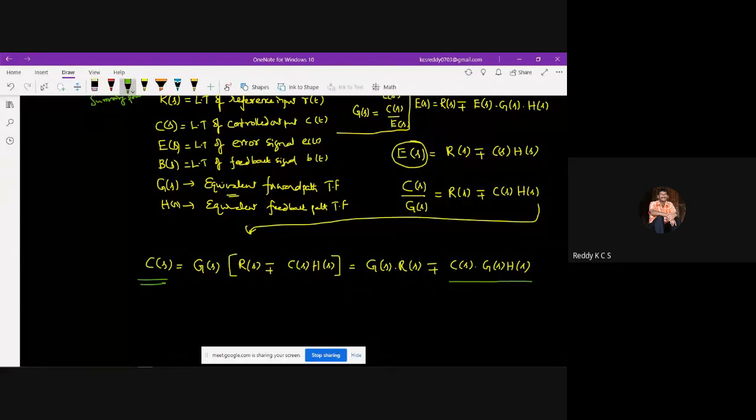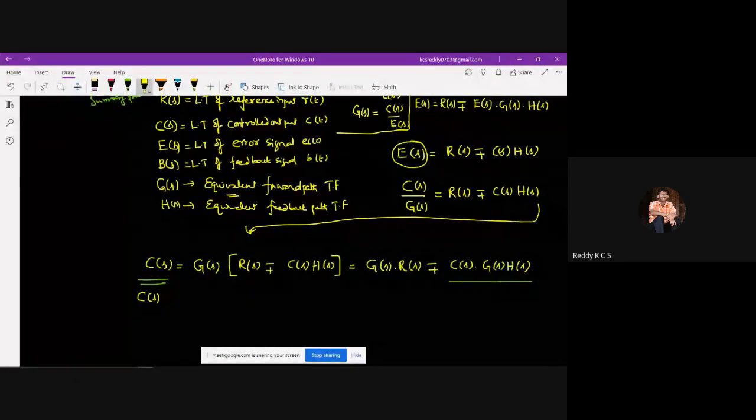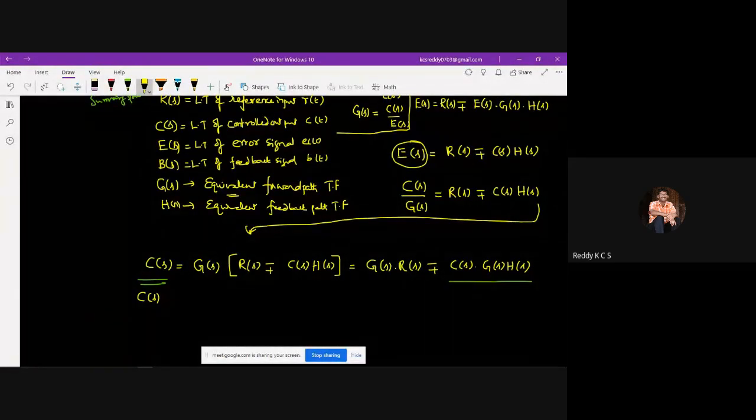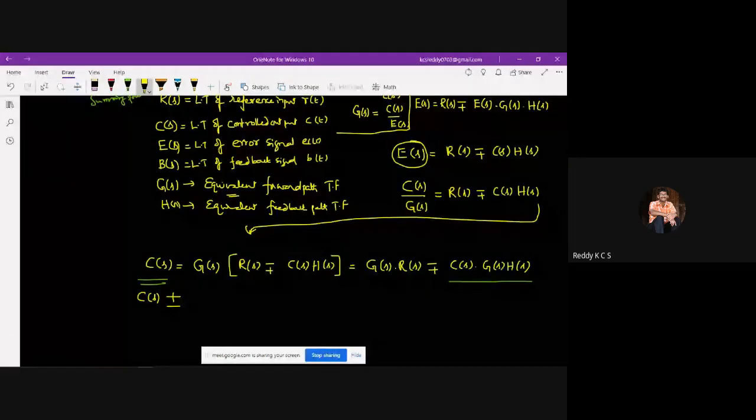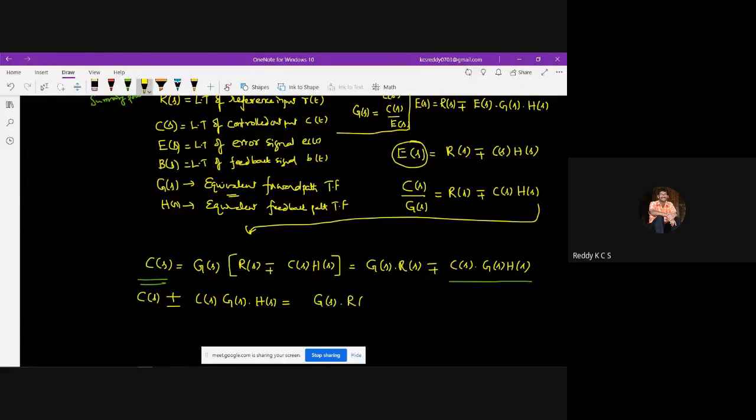By taking the C of s term to the left hand side, if I take the first as minus, it will become plus. Then the second one will become plus or minus C of s into G of s into H of s, which is equal to G of s into R of s, which is left over.